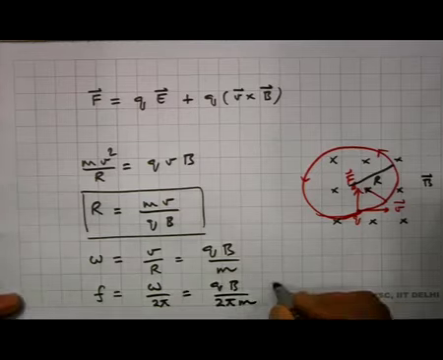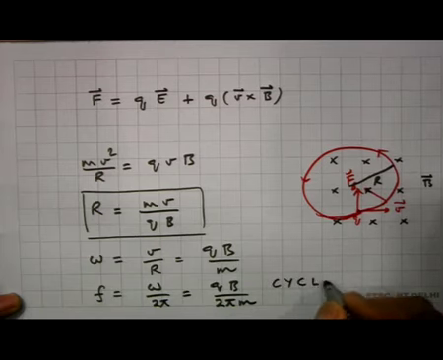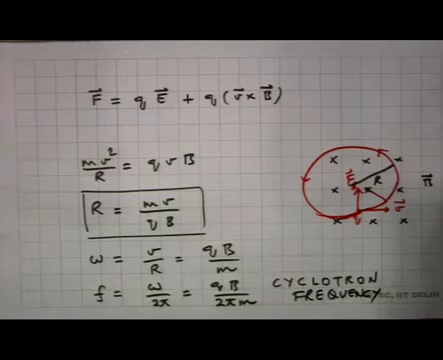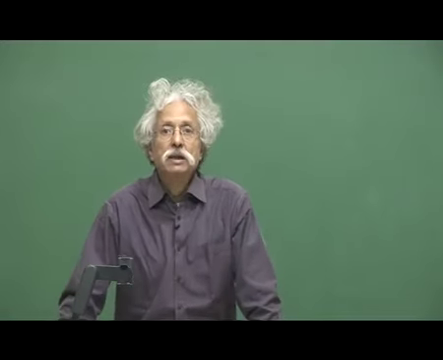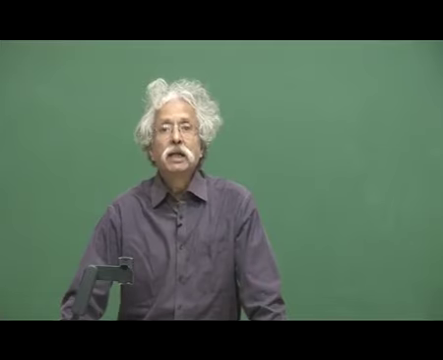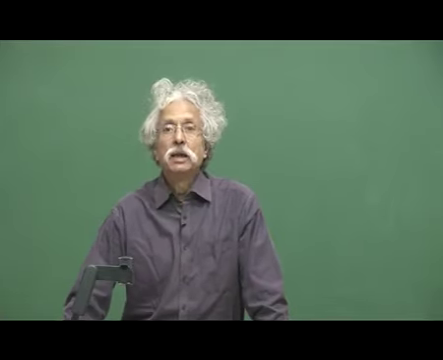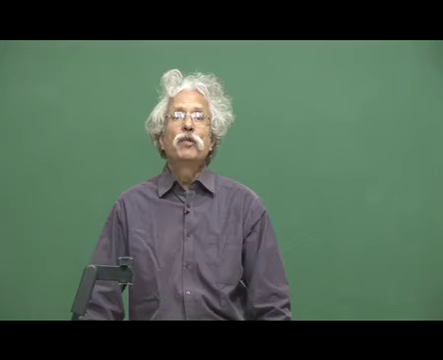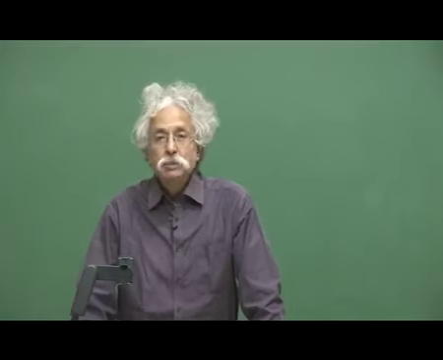And this, as we have seen before, is called the cyclotron frequency, and it is independent of the radius of the circular orbit. That's a very, very important aspect, and we will use this property to consider a particle accelerator called a cyclotron a little later.